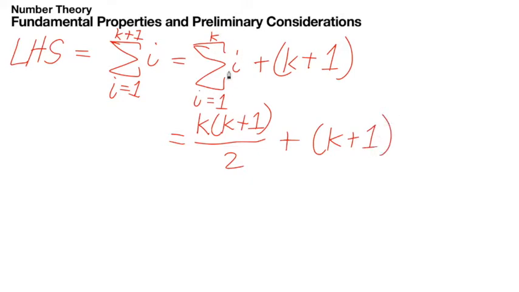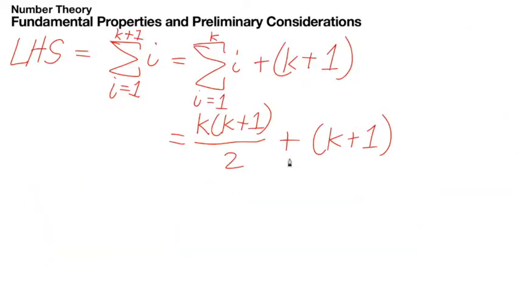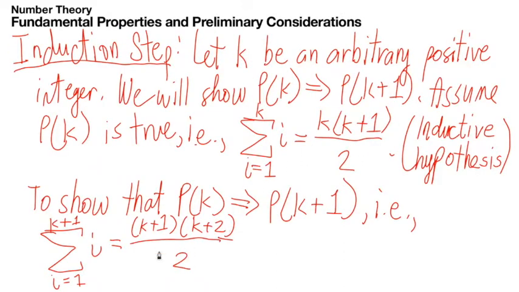Because this value here is equivalent to this added to k plus 1. Okay, so what we're going to do is to make this equal to the right hand side. This added to another k plus 1 must be equal to this to make the induction step and the induction hypothesis true.